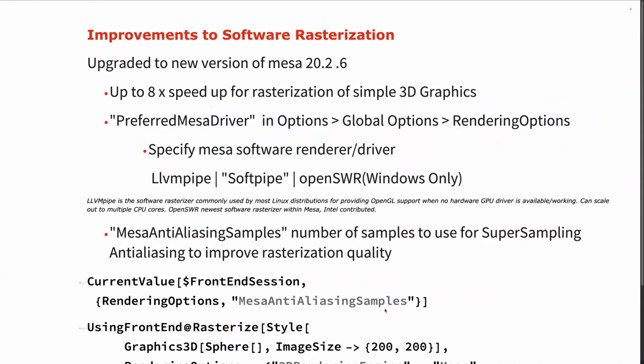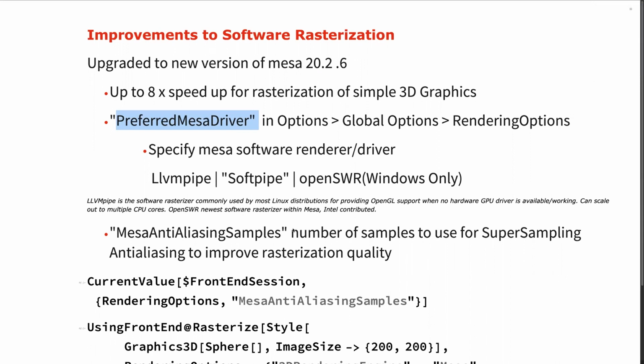Then finally, just to mention, we've put in some improvements for our software rasterization. We've upgraded our version of Mesa to 20.2.6, and this can give up to 8 times speedups for some small, simple graphics in 3D. We've also introduced an option to change whichever Mesa driver you'd like to use.